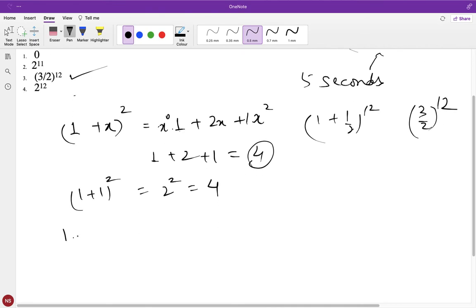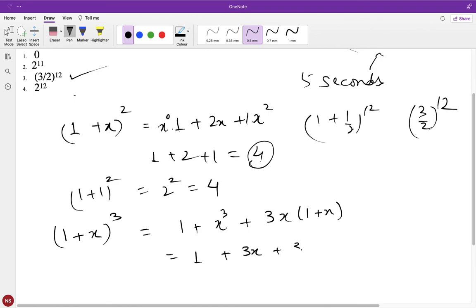Again, if I want to find the sum of the coefficients in the expansion of say (1 plus x) cube, let us see. How do you expand this? a plus b whole cube is a cube plus b cube plus 3ab into a plus b, or 1 plus 3x plus 3x square plus x cube.